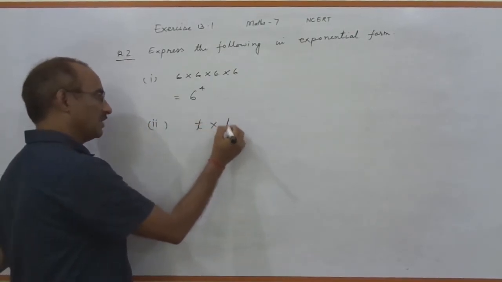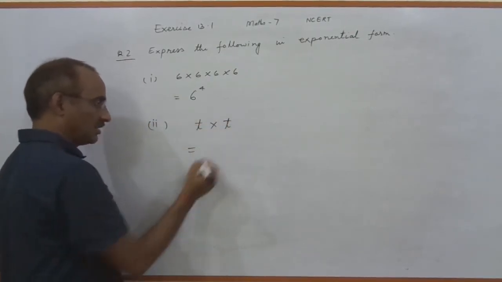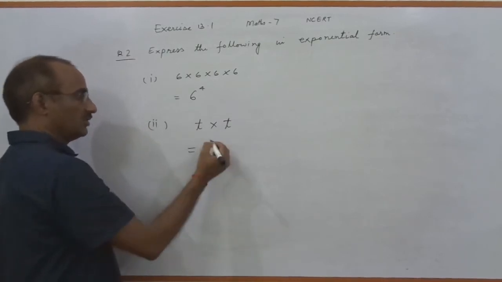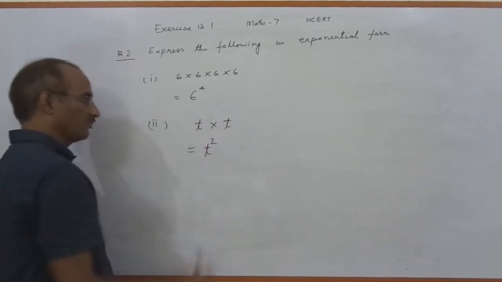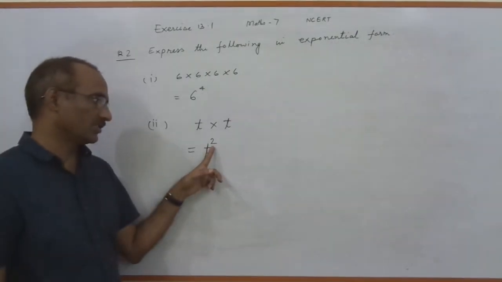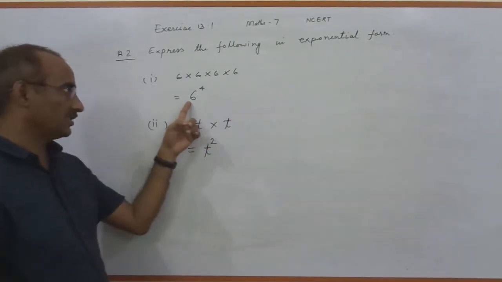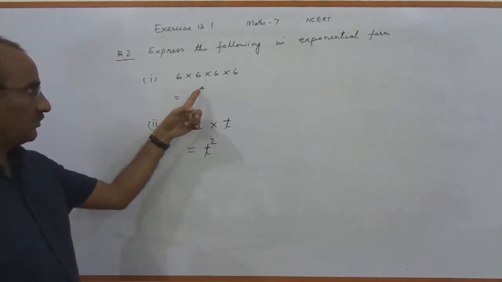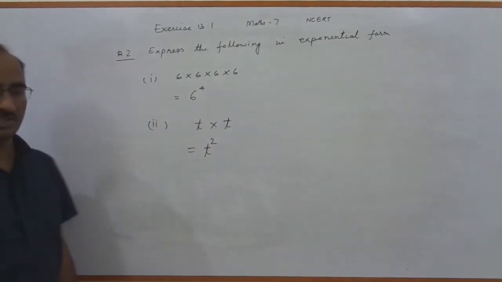T multiplied with t. So we get t raised to the power of 2. Here t is called the base and 2 is called the power. Here 6 is called the base and 4 is called the power.